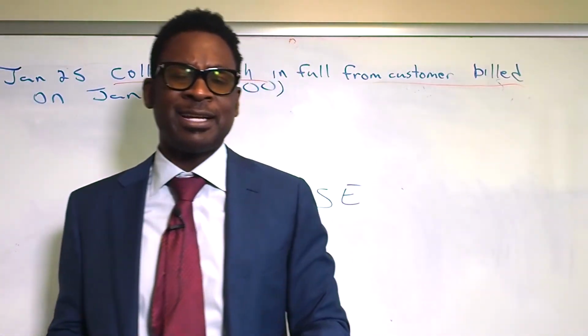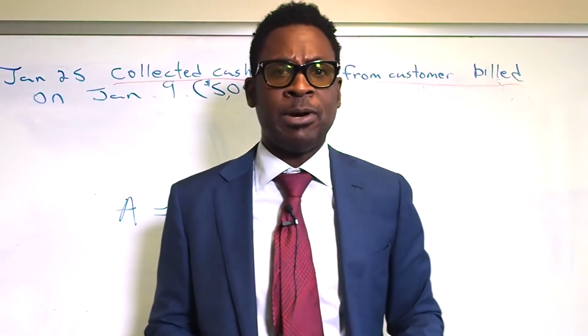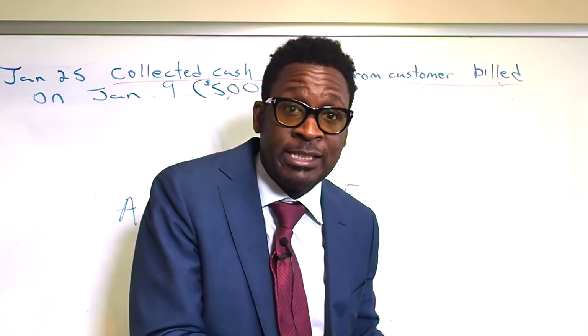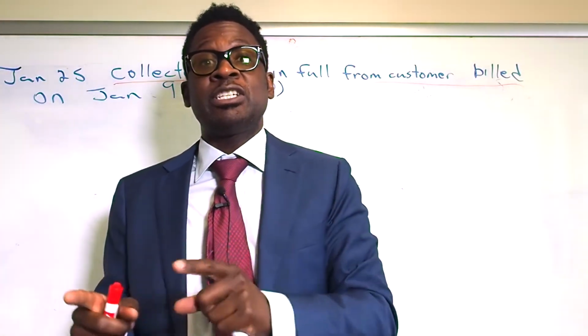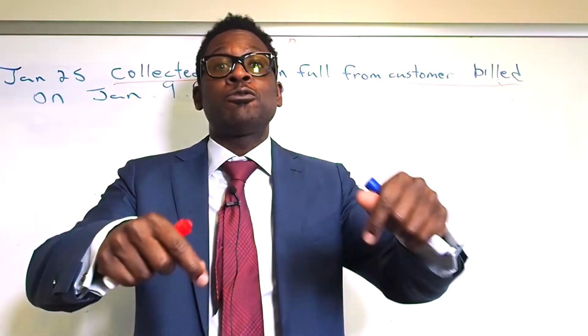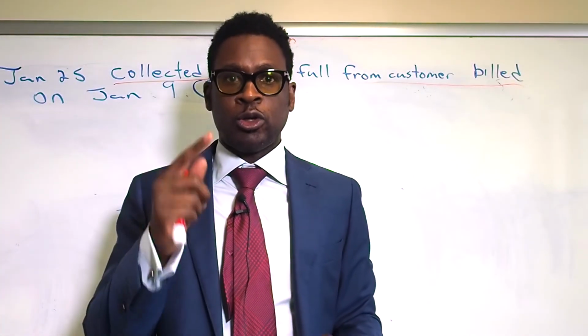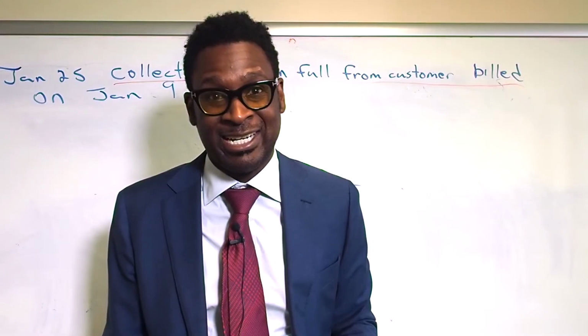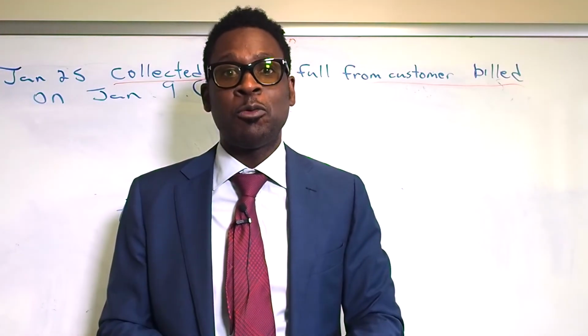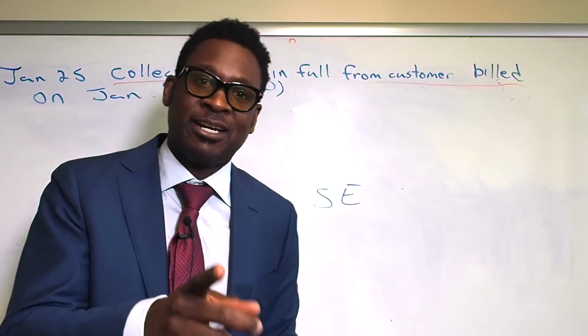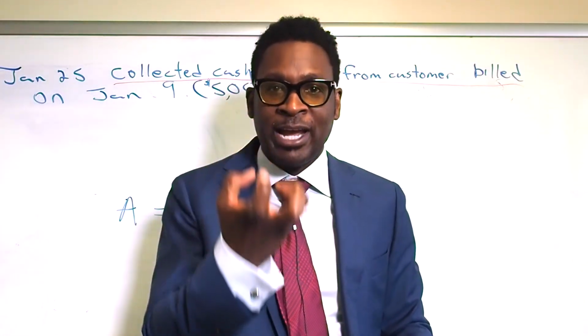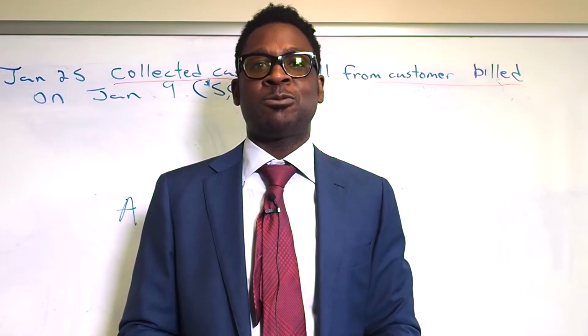What should happen to that accounts receivable? Think about it. Previously, we had set up an account to receive in the future. Now the future has become the present and we receive the cash. So when you collect on an account, that account receivable must go down. And since accounts receivable is an asset, our assets will be going down as well.